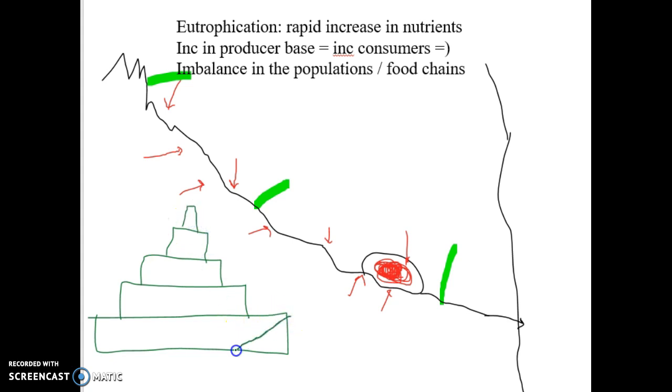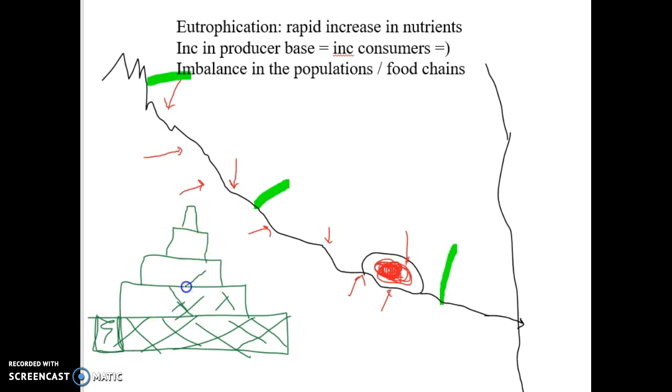But now when this base crashes this winter because it just got cold and there's no sunlight, your consumers crash. They can't do well because there's not enough food left. This is what you're left with, this block over here. That is not enough food to sustain this size of herbivore population, or carnivores, second carnivores, third carnivores.